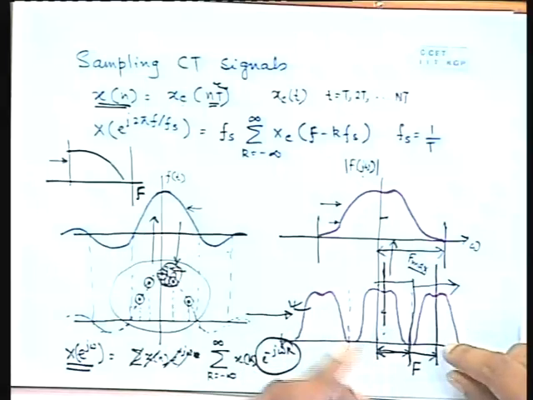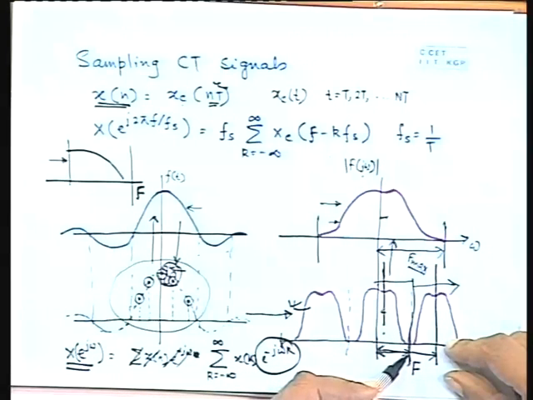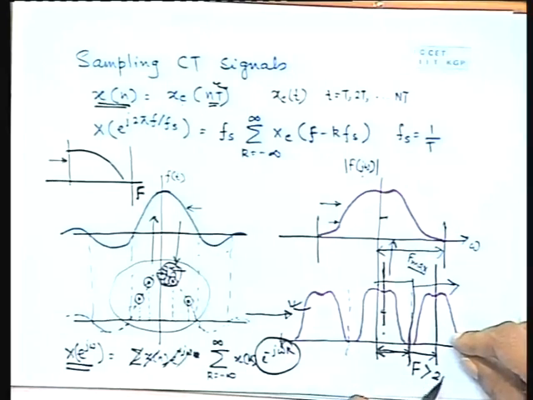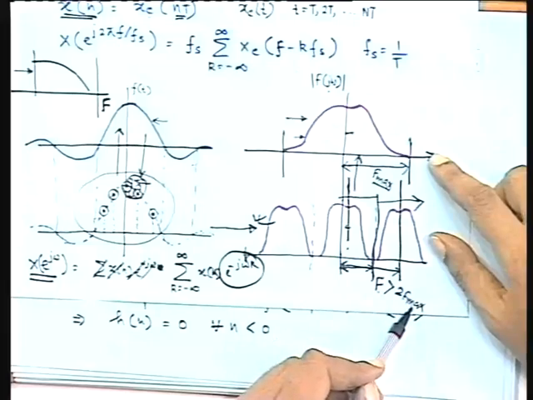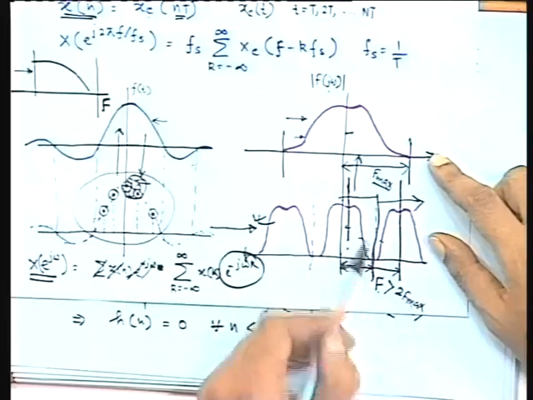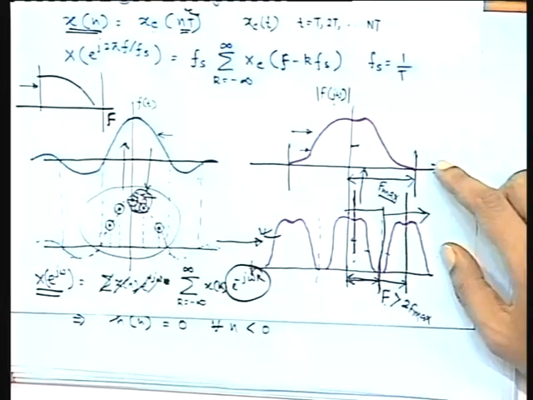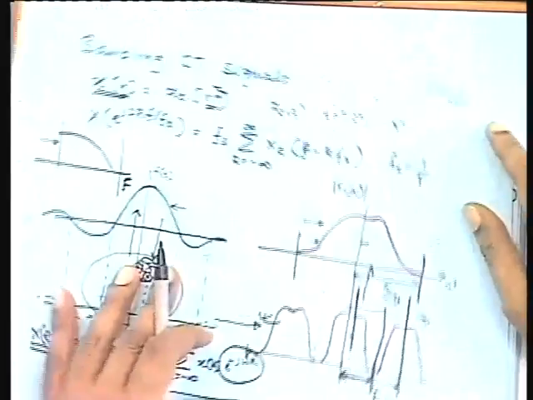So if f is greater than twice f max, then they will be separated. Otherwise, they won't be separated. Otherwise, they are going to be overlapped. That is, it will look like this.